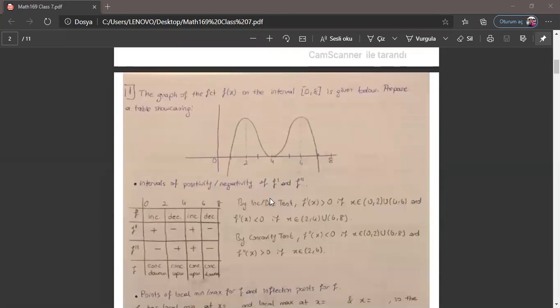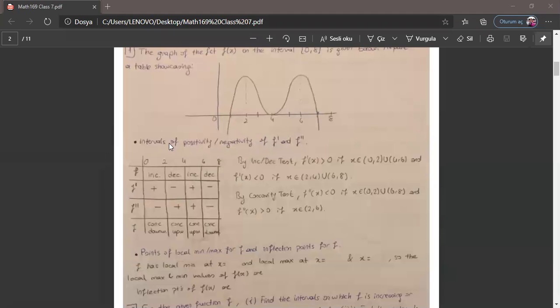Here we have the first question. We're given this graph of the function f of x on this interval from 0 to 8. So we check first the sign of f prime. From 0 to 2, we see it's positive, it's above the x-axis.